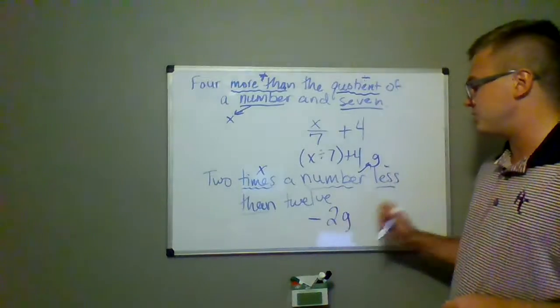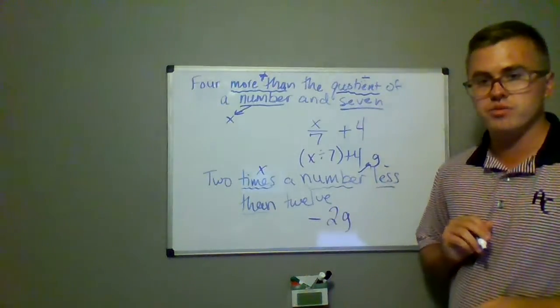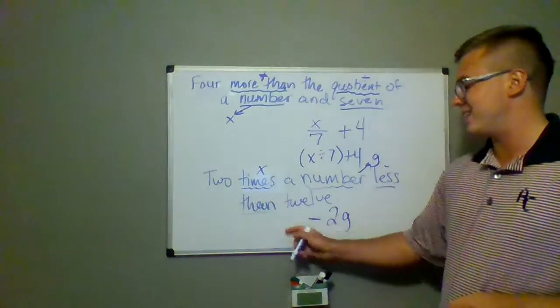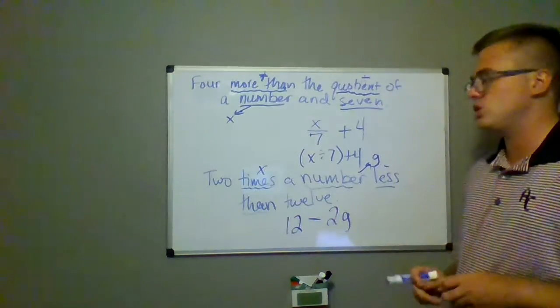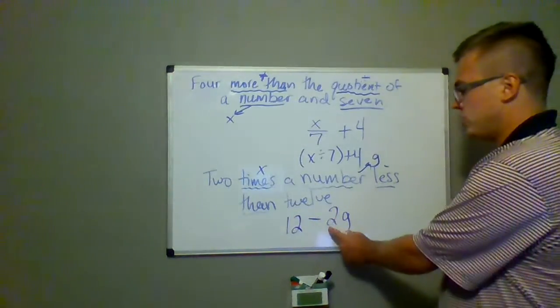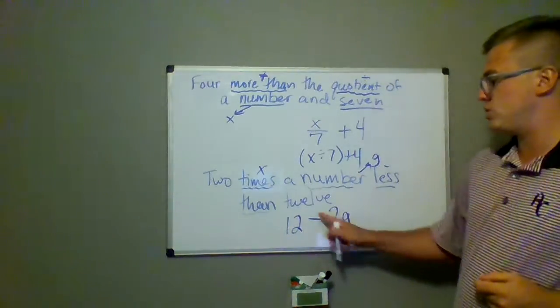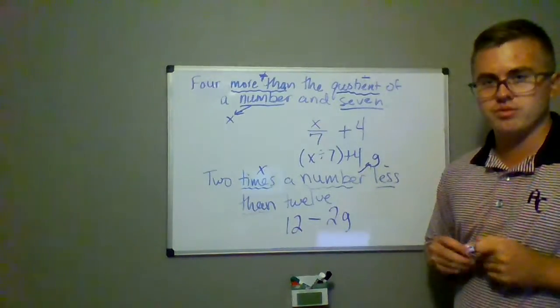So 2 times G, and that's less than 12. So we have that minus 2G already. So to get this front part, we just have 12 minus 2G. 2G less than 12. 2 times a number G less than 12.